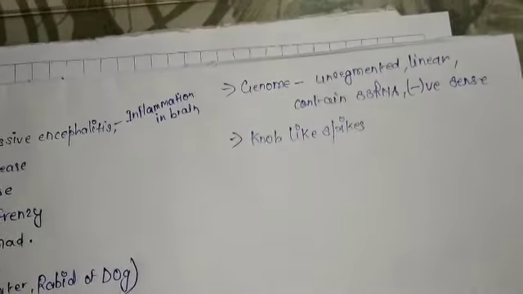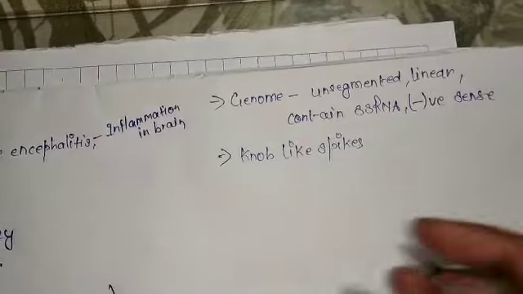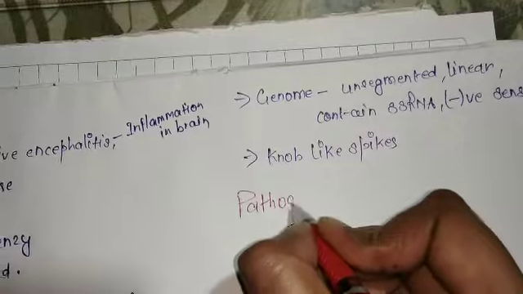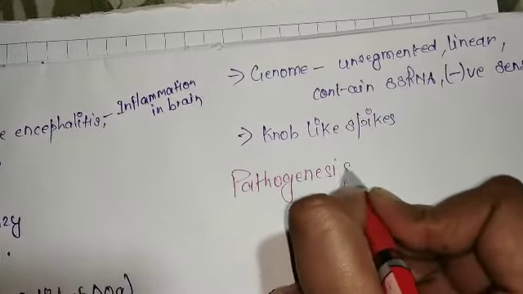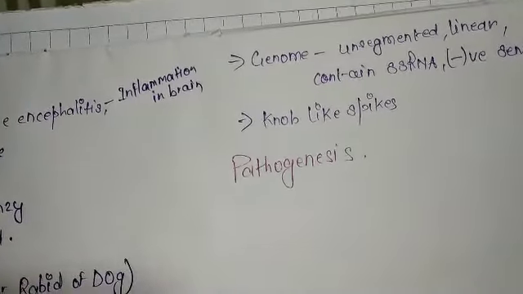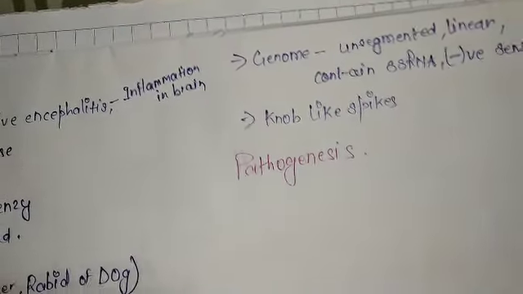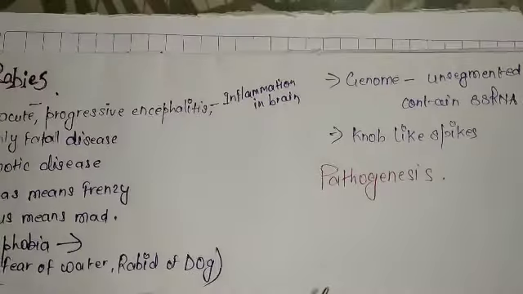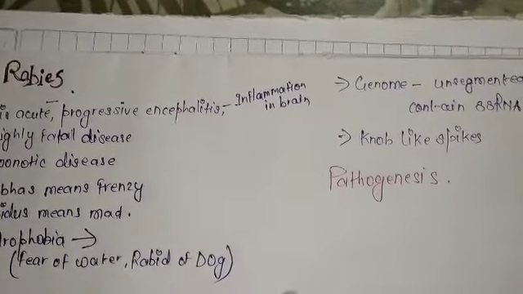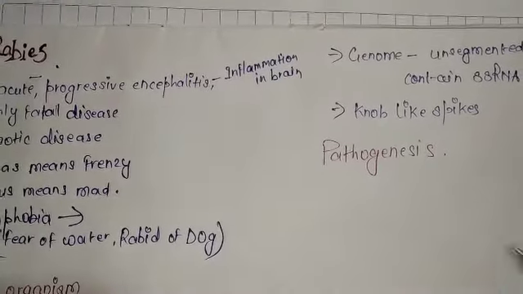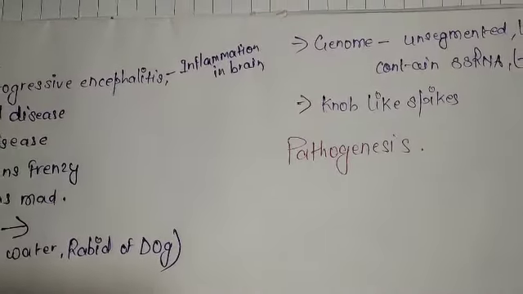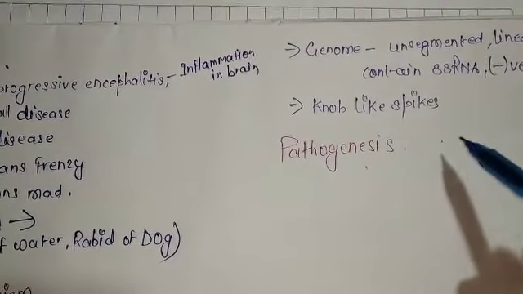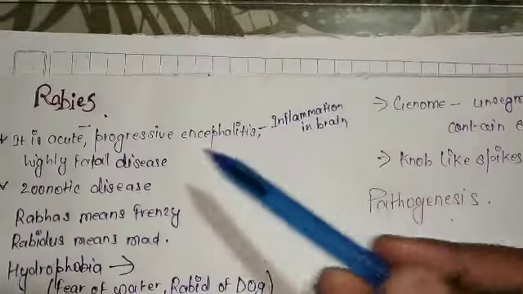So now we'll see the pathogenesis, how this virus infects a host after the bite of a mad dog. Before going to pathogenesis, we'll see who are the host and reservoir for the rabies virus.